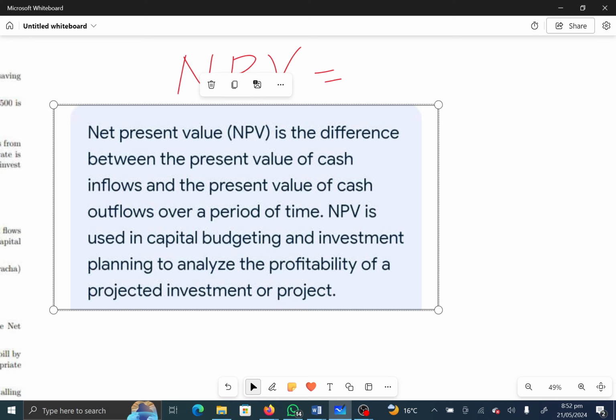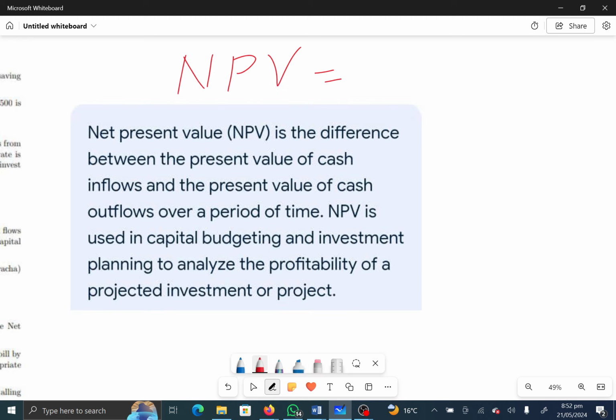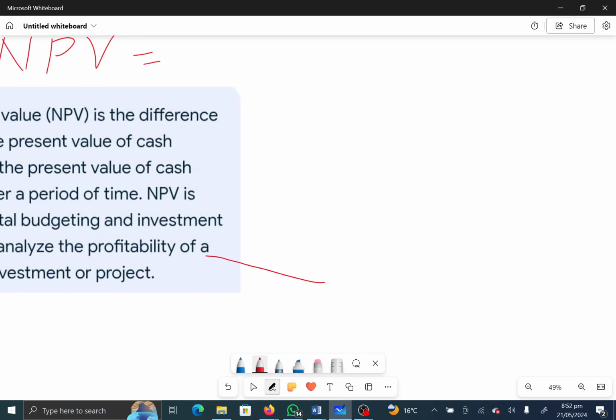So if today your money which you decided to put across was 2,000, what is the future value? We are bringing the future value to the present, which is today.